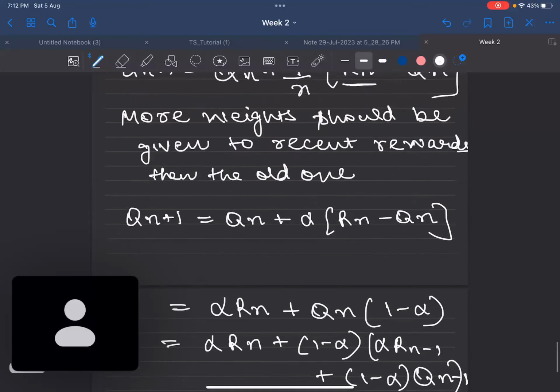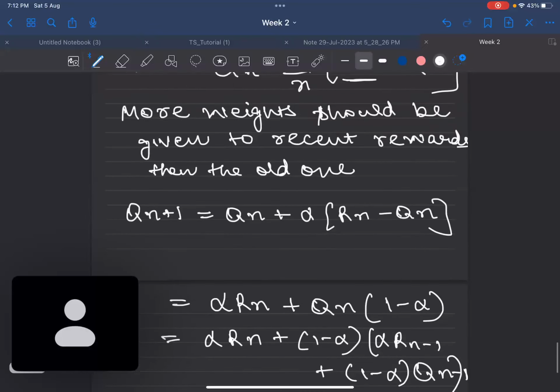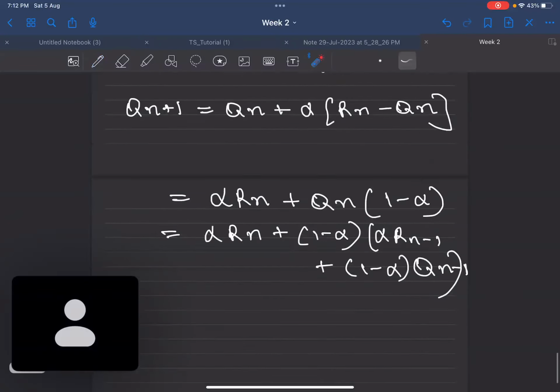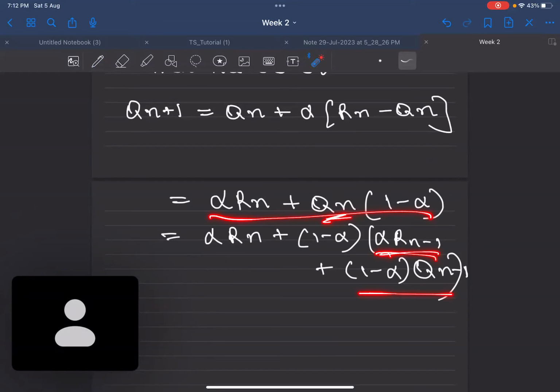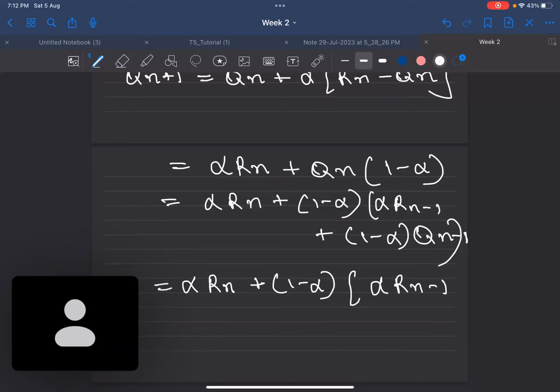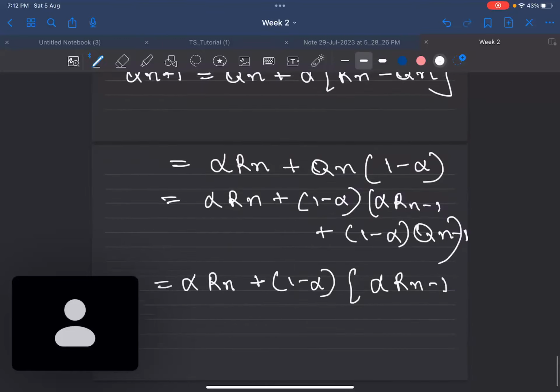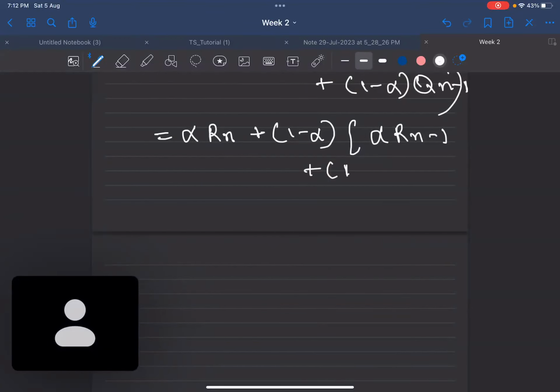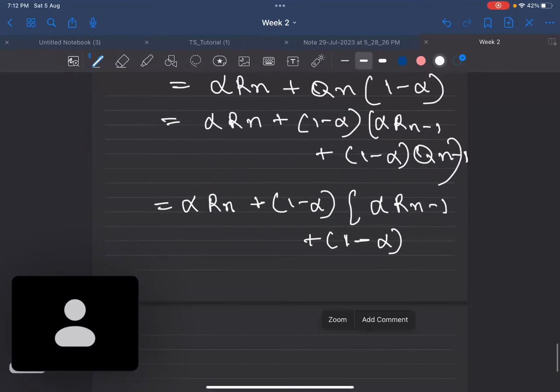Yes, I took the same thing. Just simply substituting the same value here, taking Rn minus 1 and Qn minus 1. So again, I can say here alpha Rn minus 1, and I can split this again.